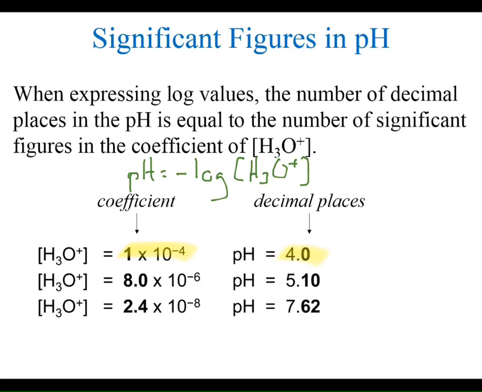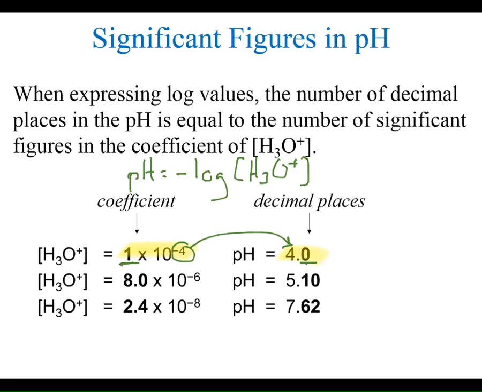So if there's 1 in front of the exponent, there's going to be 1 decimal. If there's 2 sigs in front of the exponent, there's going to be 2 decimals, etc. So, let me try to illustrate this a little better. So this determined that 4, which means this one out here determines there's 1 sig fig here.